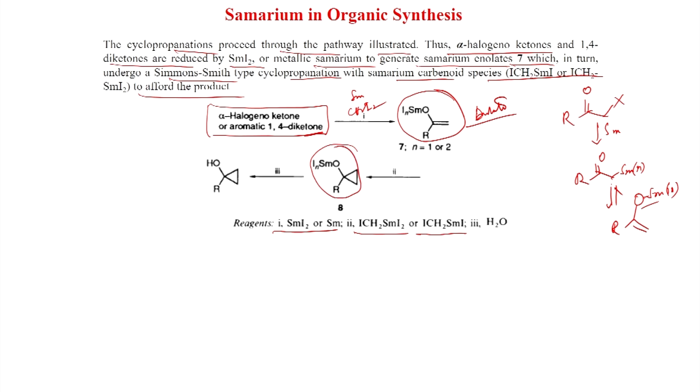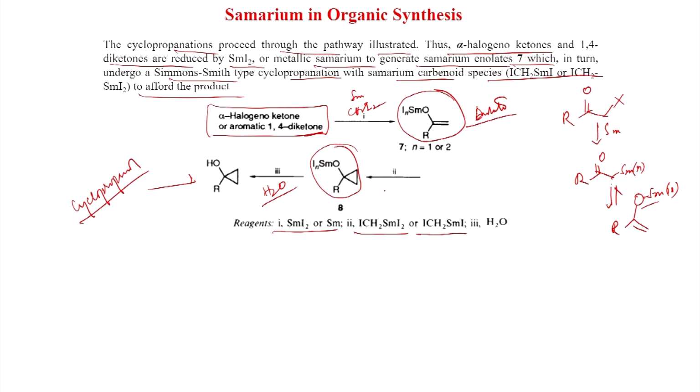And after hydrolysis, so this is water, then you get the cyclopropanol. So, this is very important, that means this enolate is very important, and enolate after cyclopropanation gives the cyclopropyl samarium species, and then after hydrolysis you get the cyclopropanols.